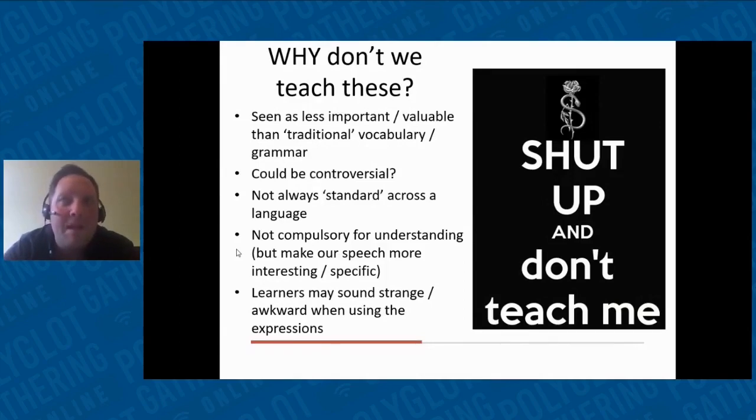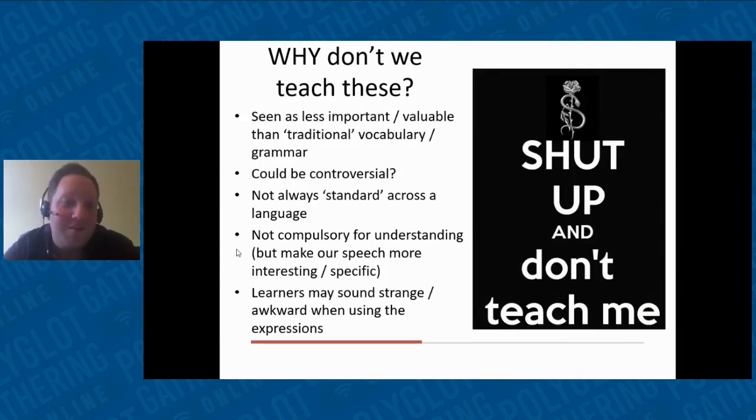But especially in a large language, I think there can be a lot of variance on some of the expressions. The next one I think is a big one, in that it's just not compulsory for understanding. I understand this. The basic words will get the message across, they'll get the meaning across. Maybe we think there's no need to go into more deep intricacies.